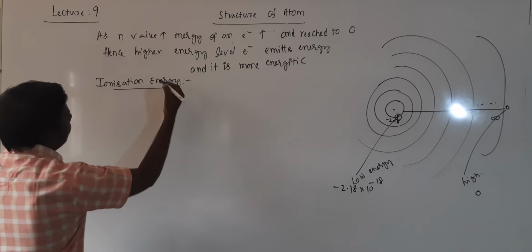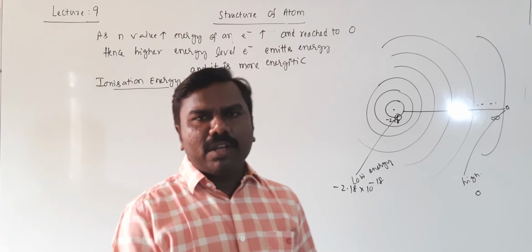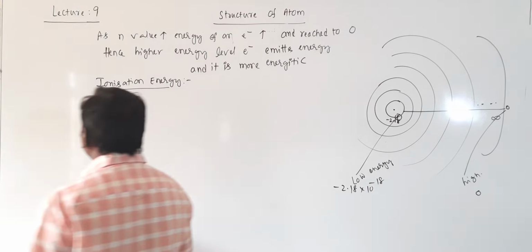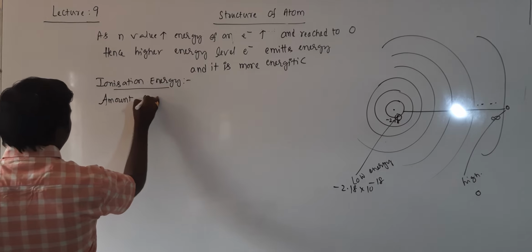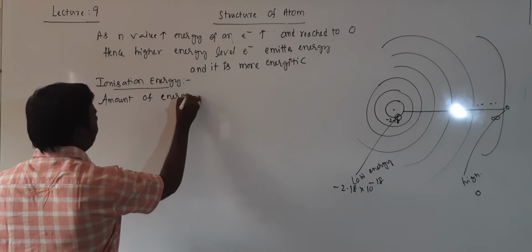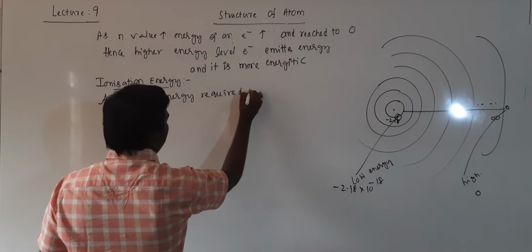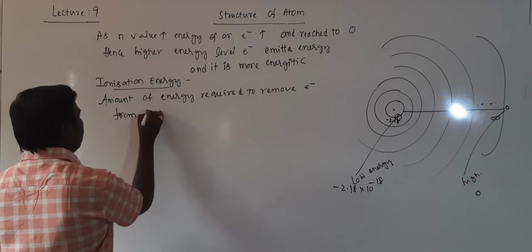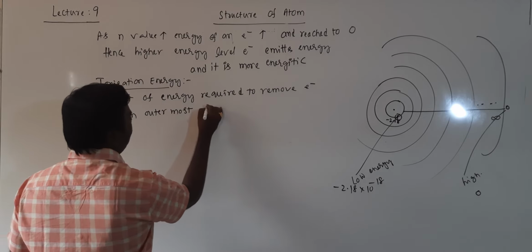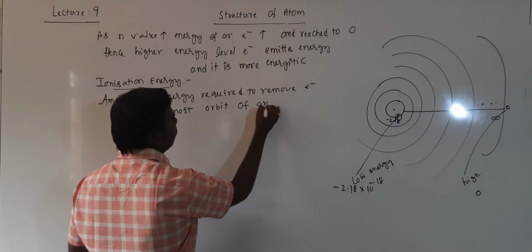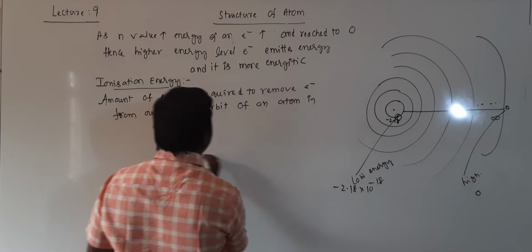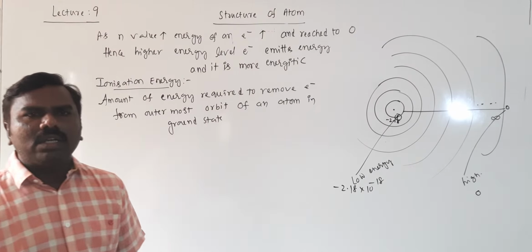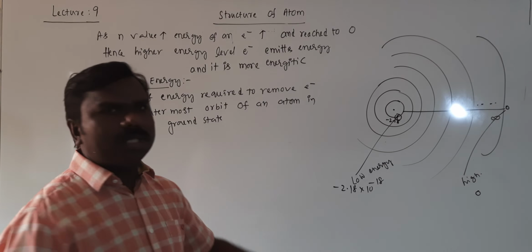Studied already: the amount of energy required to remove the electron from the outermost orbit of an atom in the ground state.